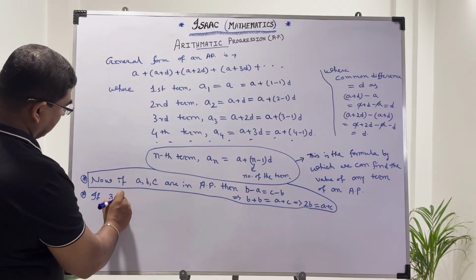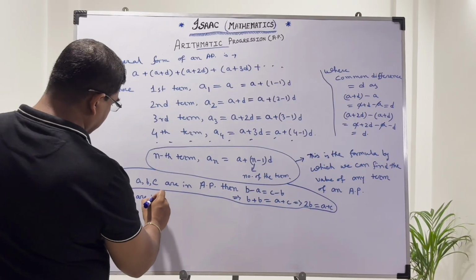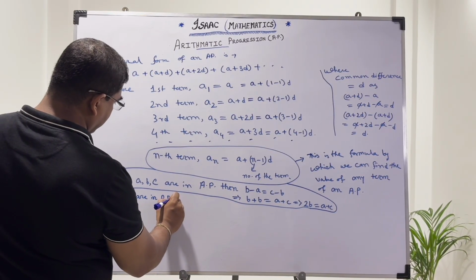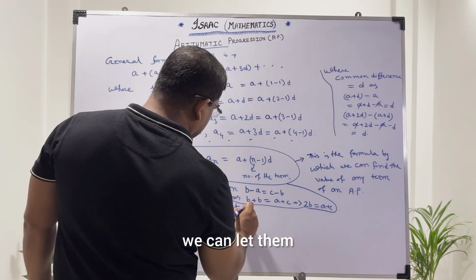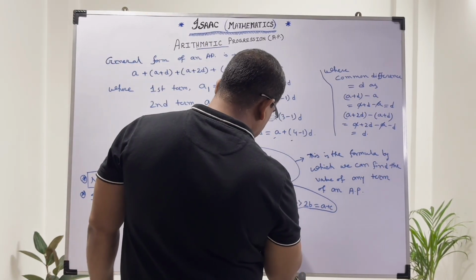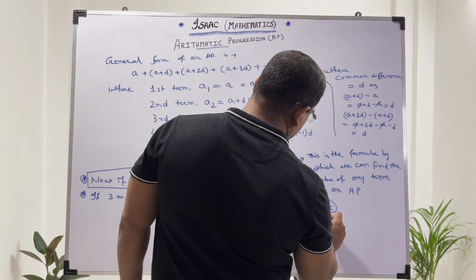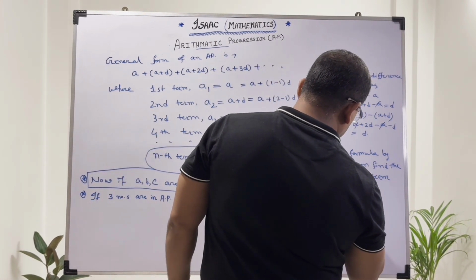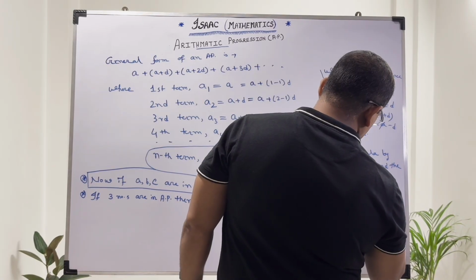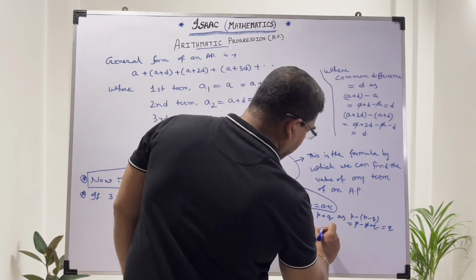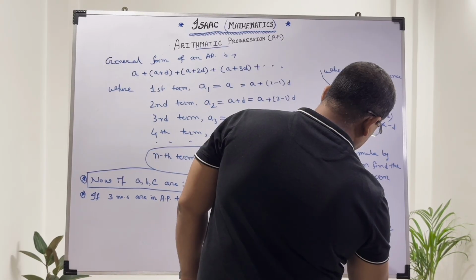If three numbers are in AP, then we can let them as p minus q, p, p plus q, as p minus of p minus q is equals to p minus p plus q is equals to q. p plus q minus p, that is p plus q minus p.